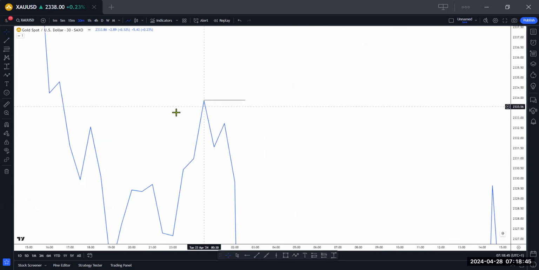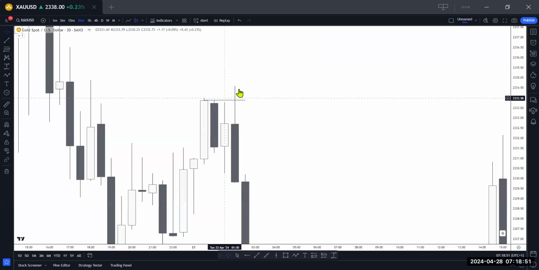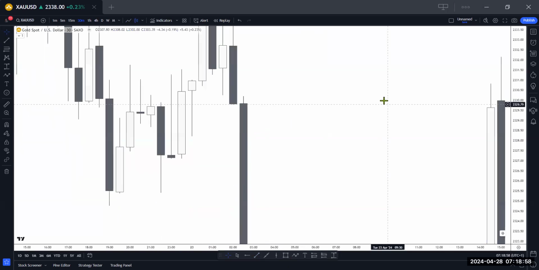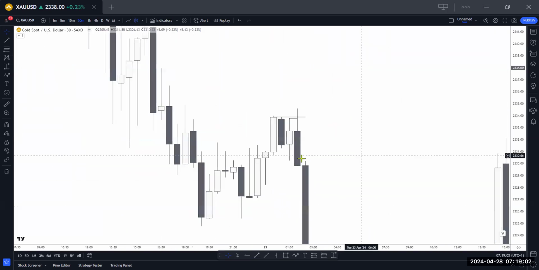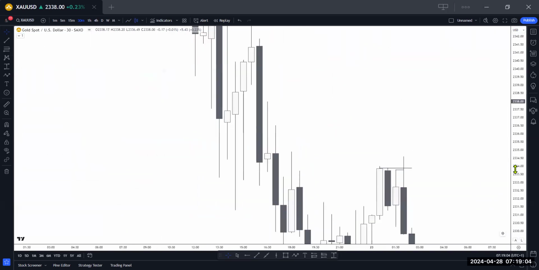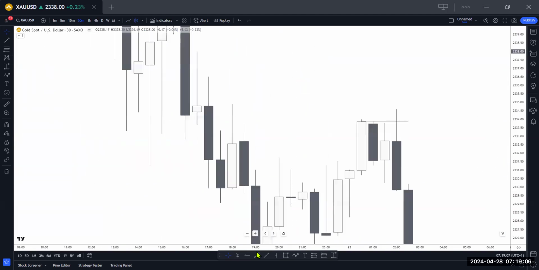Yes, that's our A and V, right? A resistance, V support. The price comes and taps the level. So where is the miss? This candle is the miss, the first initial attempt to tap the SNR level. So that's your miss. When you see a miss, when it comes to SNR, you have an idea that that SNR level might be a valid area to trade from.